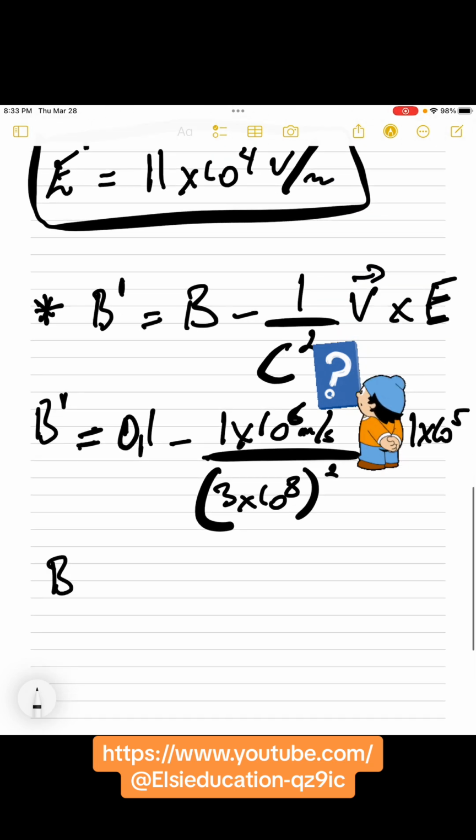And the magnetic field in the reference frame will be equal to 1 times 10 power 4 Tesla.